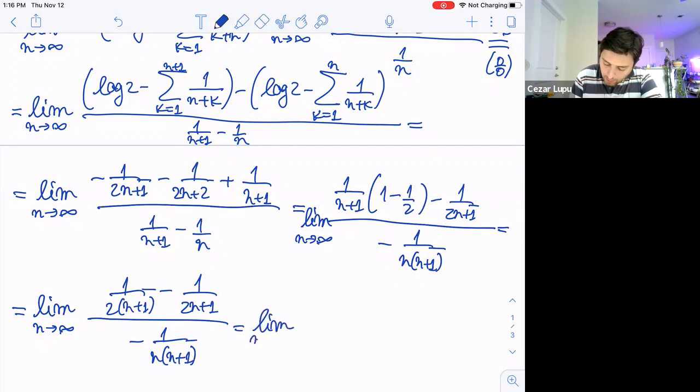This is equal to, and now let's do some computations here. In fact, let me do it here.